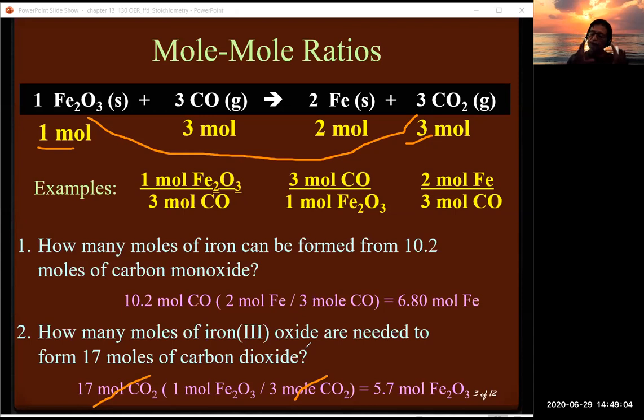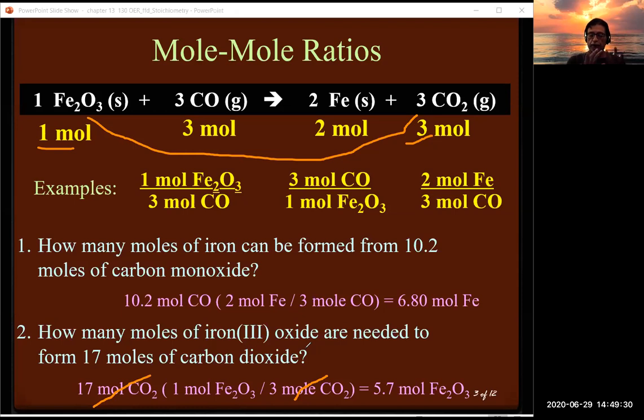Note here, we're stopping at moles, but we can go to grams from that answer. We can go from 5.7 moles of iron 3 oxide to grams of iron 3 oxide by calculating the molar mass of iron 3 oxide and setting up with grams in the numerator, moles in the denominator, and that will actually tell us how many grams we need.